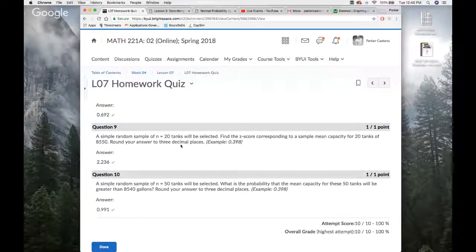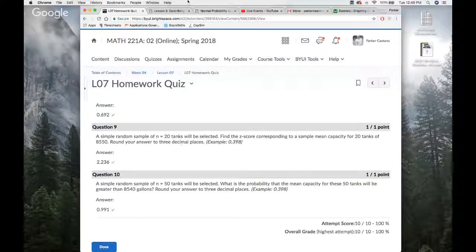So on the next one, then, where it's 50 tanks, now this one asks for what will be the probability that the mean capacity for these 50 tanks will be greater than 8540. Uh-huh. So you take the 8544, subtract the 8540.